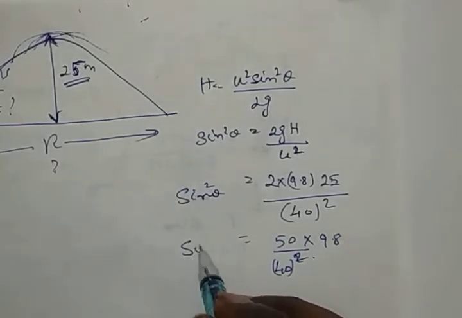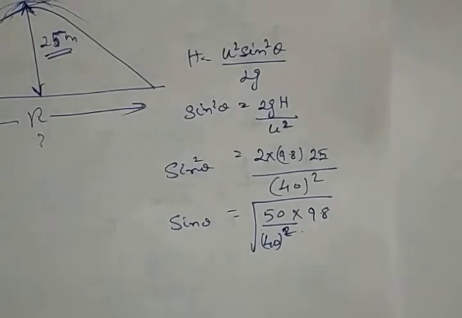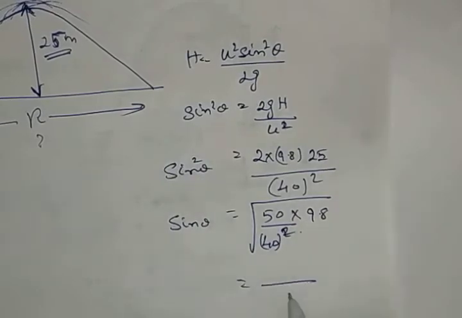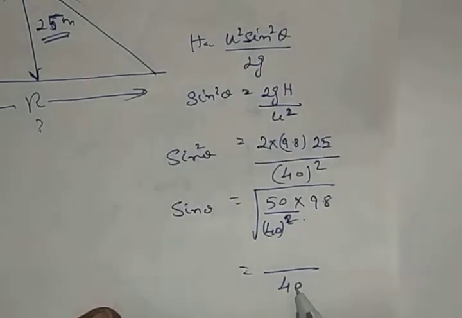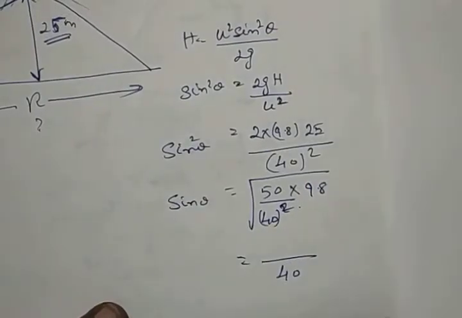So if it is sine square theta here, just put sine theta here and put the entire thing into the bracket here. So 40 will come outside of the bracket here. 40 will come out of the bracket. Now you have 50 into this one.